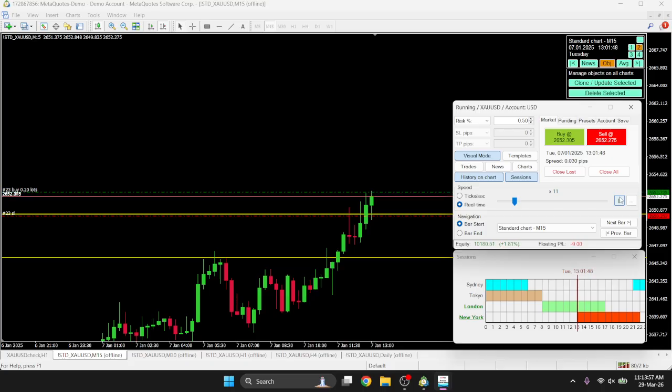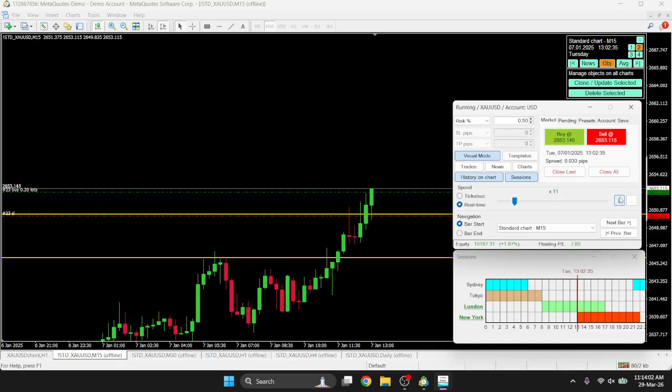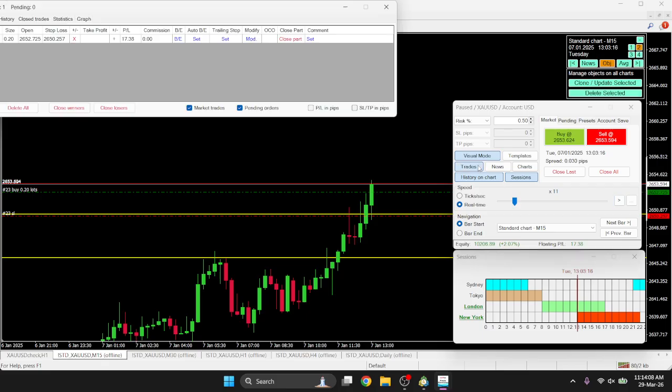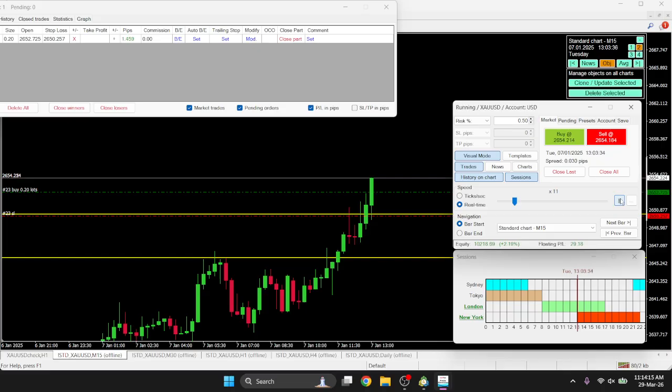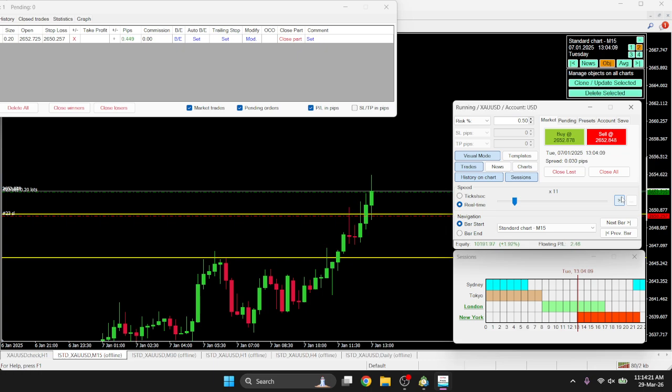If it breaks its own open, I'll close half of the position. Okay. We're at 12 pips. Okay, it's come back towards its entry price and I'll close half of my position.